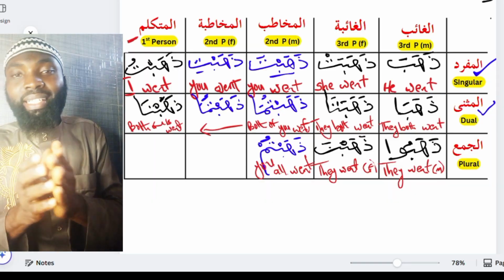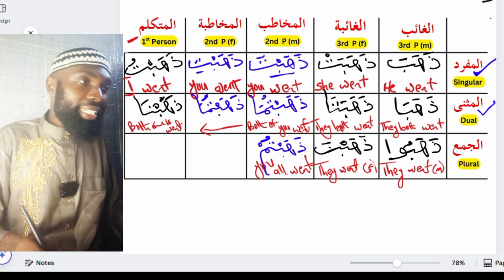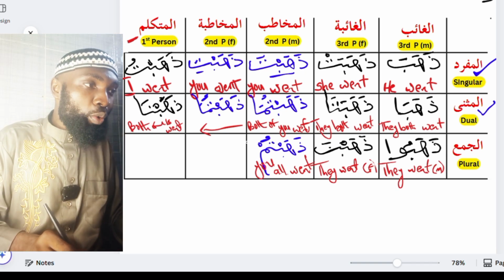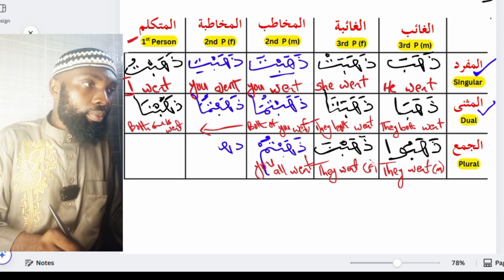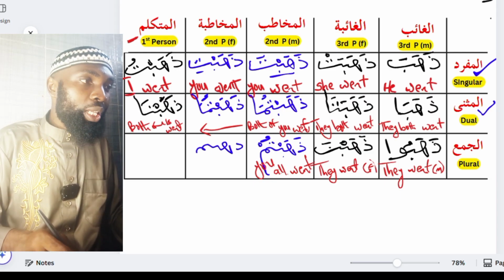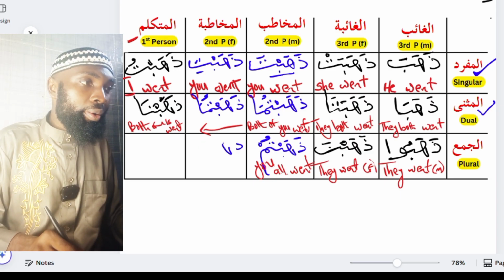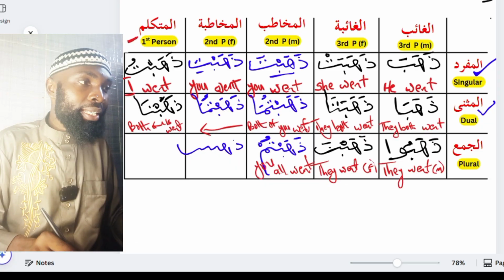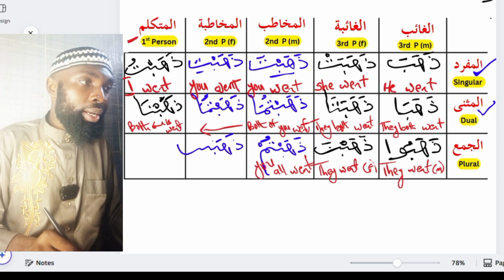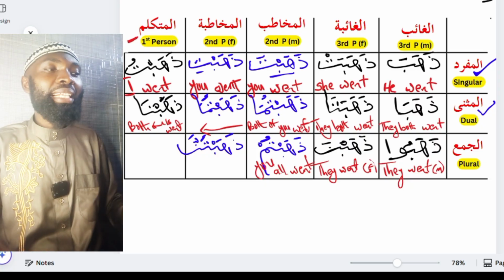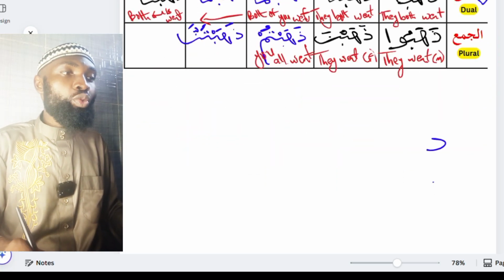If they are males, it is dhahabtum. You all males went. Since they are females, the word will be dhahabtunna. Let me write it down here so that it can be clearer.